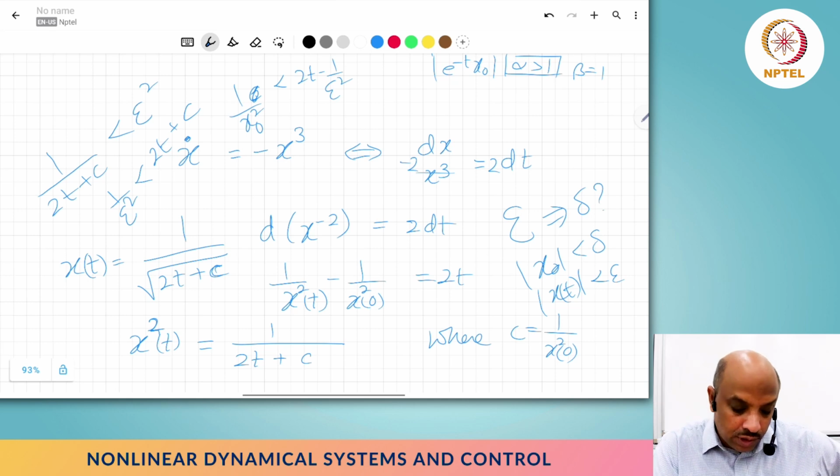Now you can clearly see that at t equals 0 this is less than 0. It does not make any sense. So you have to be careful, and perhaps delta cannot be found just that easily.